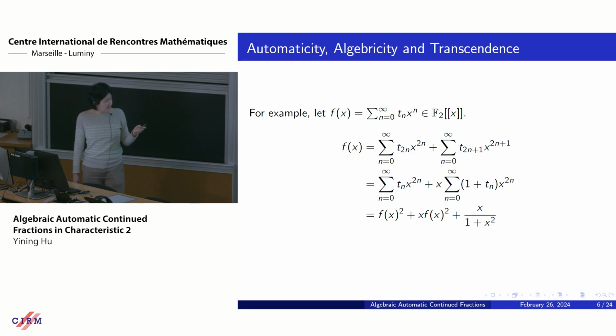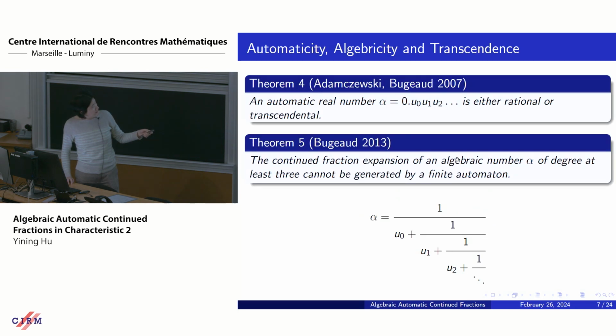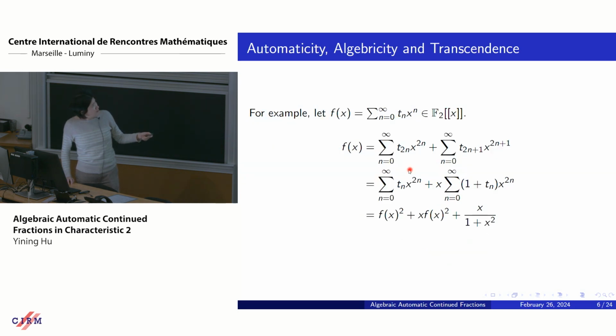For example, let's take f where the coefficients are the Thue-Morse sequence. Let's see why f satisfies an algebraic equation. So we write down f. In the first step, we divide f into two parts. So we have the even terms and the odd terms. Then we use the relations of the kernel of the sequence.